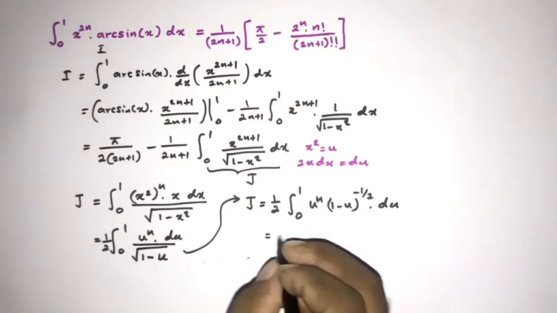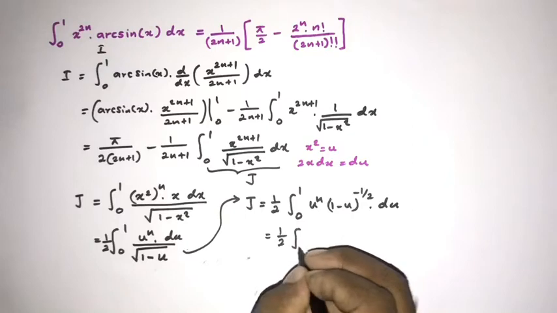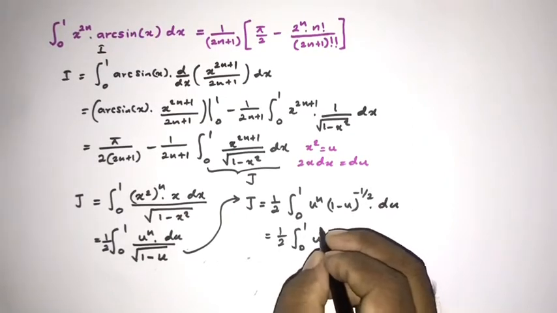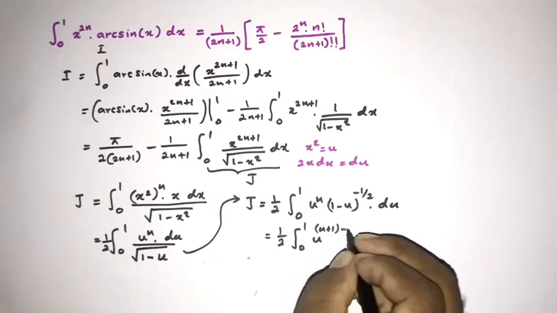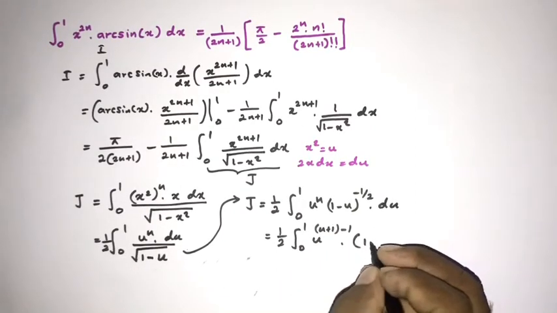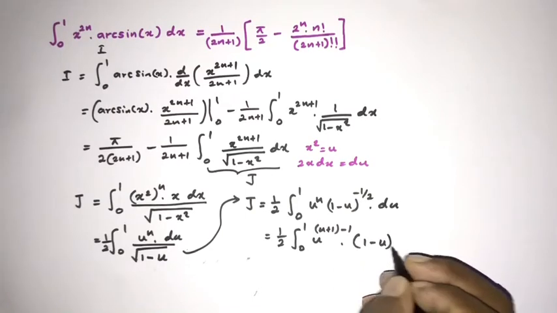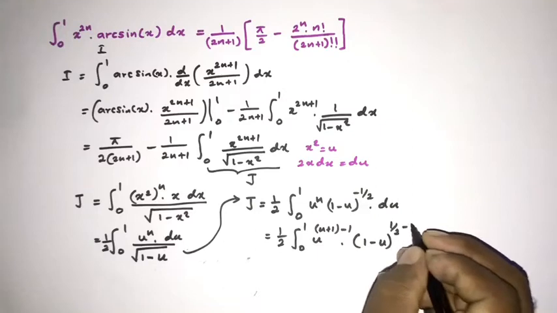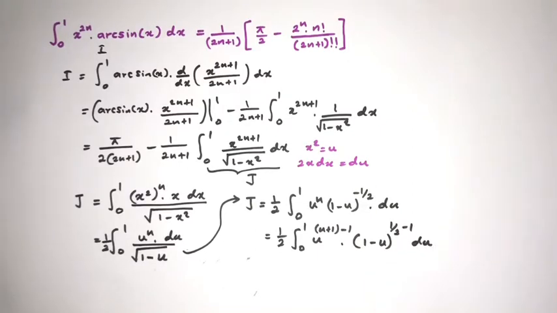Now still we can write this power as n plus 1 minus 1. I think you know why I rearrange these powers. Here we have 1 half minus 1 du, because we are going to apply the beta function.